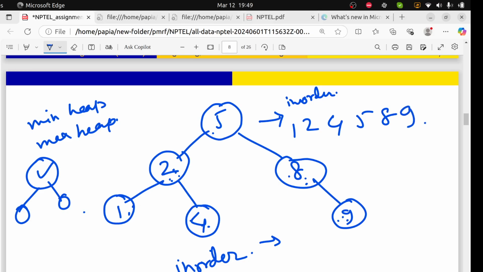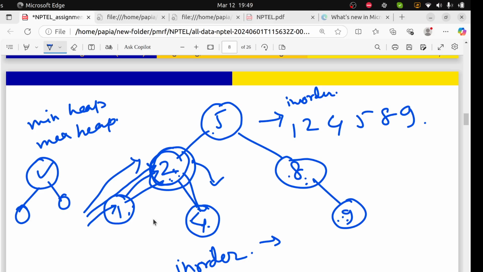Why? Because of ascending order. Obviously for this case it is ascending order, but you have to come from the very left, then you come to the root, and then you go to the right side. At the very first you go for the left side, then the root, then the right side. Like that it will go.